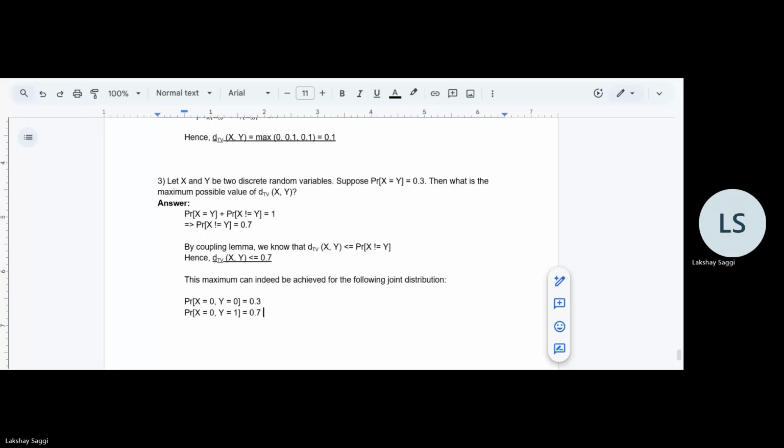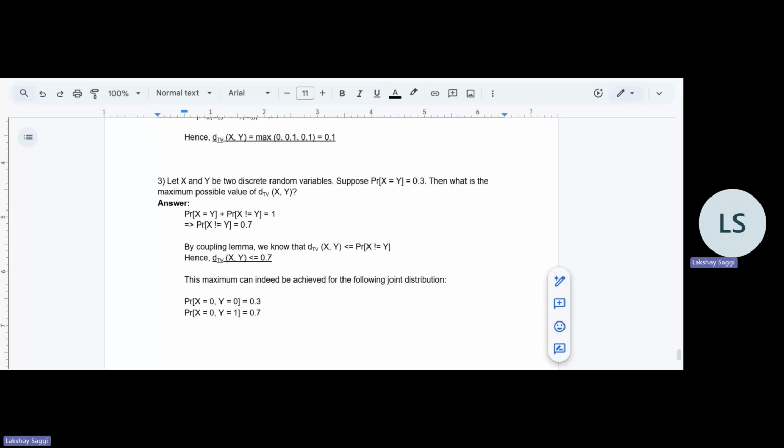We know that x takes the value 0 with probability 1, and y takes the value 0 with probability 0.3 and the value 1 with probability 0.7. If one takes the event as the random variable taking the value 0, then y takes that value with probability 0.3, whereas x takes that value with probability 1. So 1 minus 0.3 is 0.7. Similar to what we had in the Bernoulli example, the total variation distance is achieved to be 0.7 in this case.